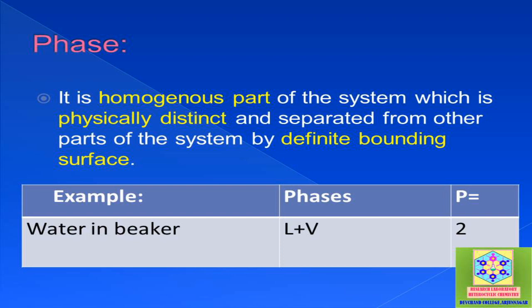Another example is of water in beaker. Water itself, it is a liquid phase, and the vapors of water above the water level is another phase. So liquid and vapor. This system is having two phases, P = 2.